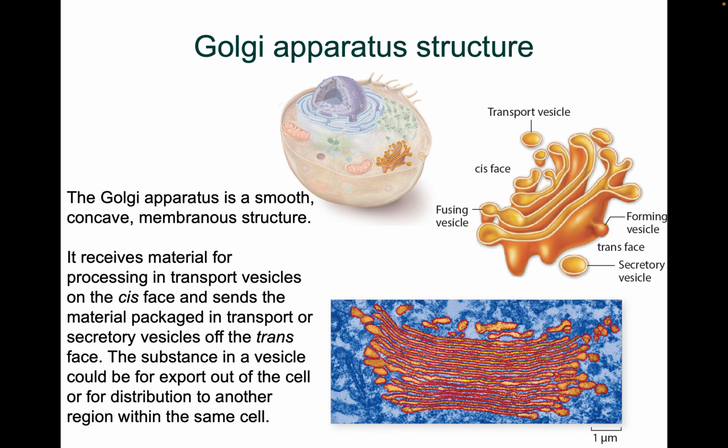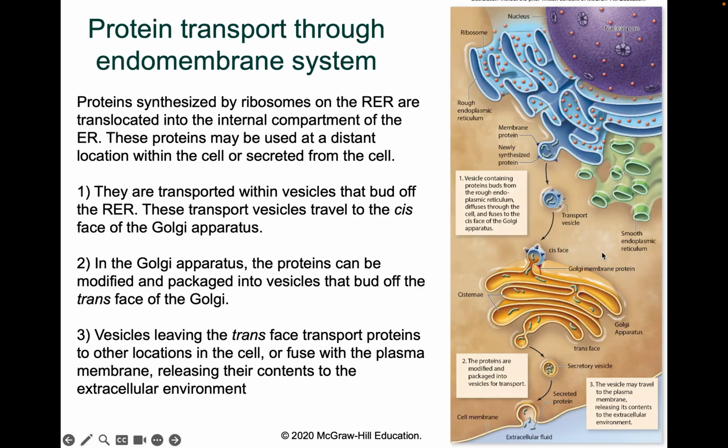It helps further process and package the incoming proteins or lipids coming from either the rough or smooth endoplasmic reticulum. So they come to the cis phase and then go through the trans phase. Let's take an example of a protein that's destined to go outside the cell.